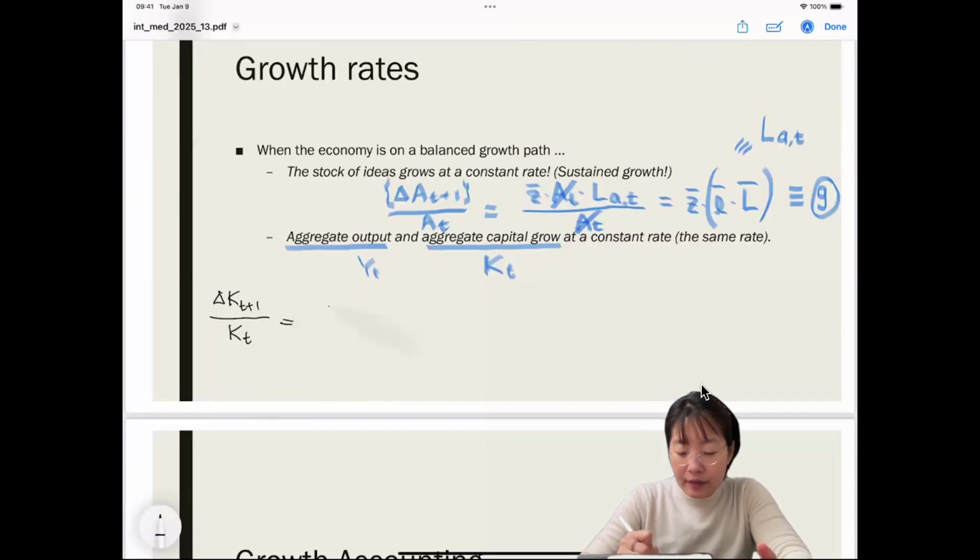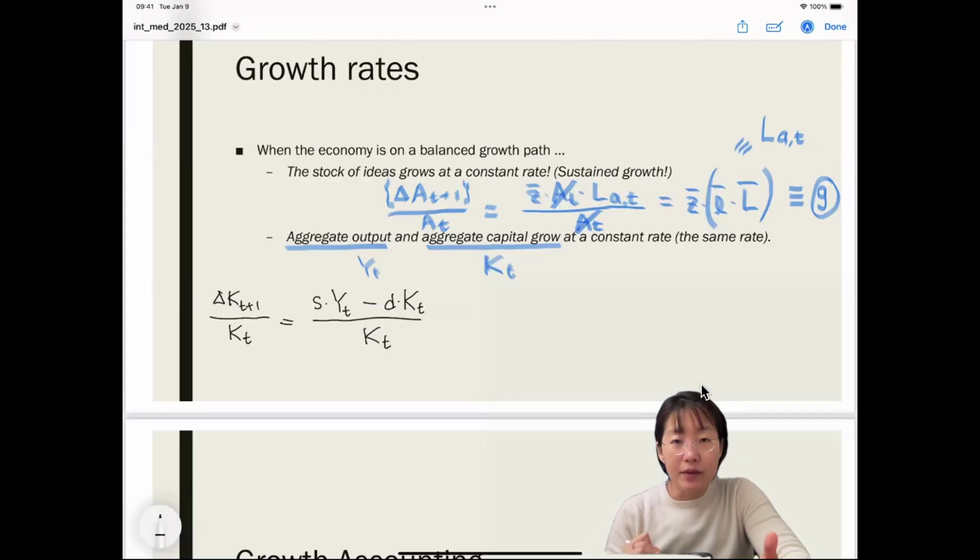If we just use the capital accumulation equation in the numerator, then that is saving rate times today's output, minus depreciation rate times current capital stock.